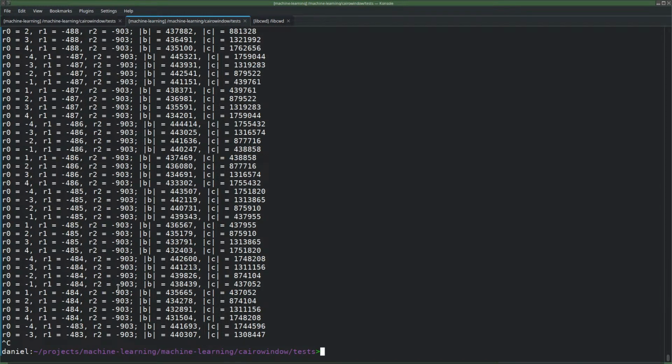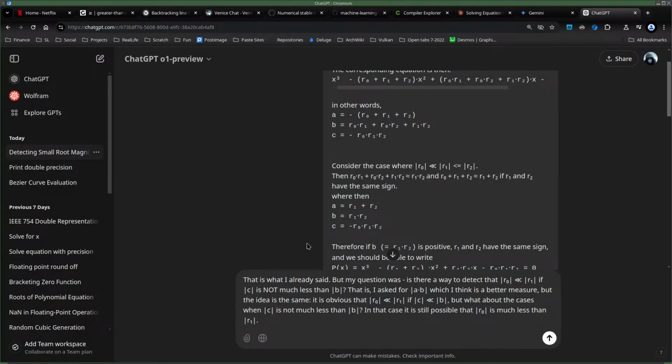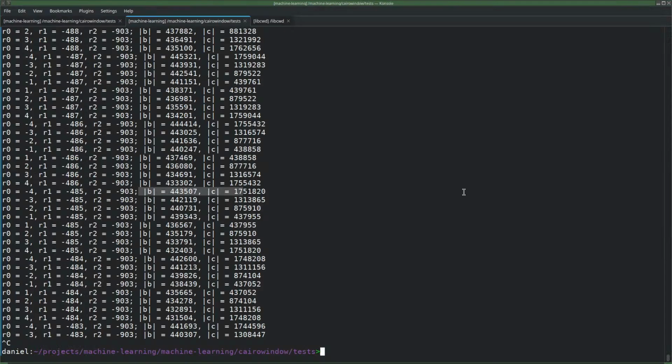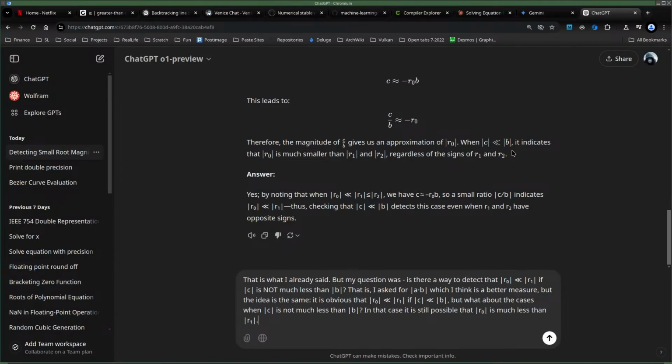Yeah, it did stand or fall with the ratio between these two, right? C divided by B. The absolute value of C must be much less than B. I'm just going to print C divided by B, right?